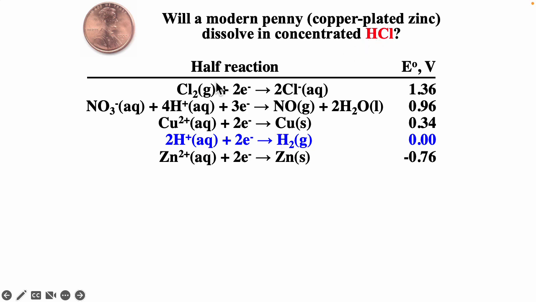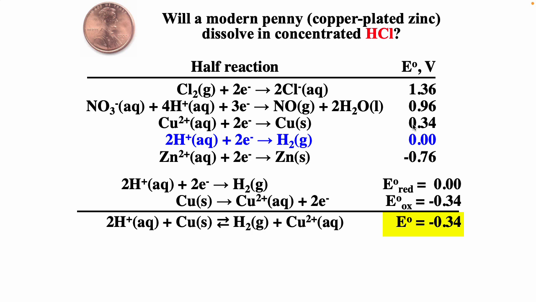If we flip this reaction, we'll get negative 1.36. And so remember, the more positive the potential, the more likely; the more negative the potential, the less likely. So we're not going to worry about the chloride ions because it has a negative potential, just about the hydrogen ions. Hydrogen ions plus the copper metal should give us a negative potential, and so that would be a non-spontaneous reaction.